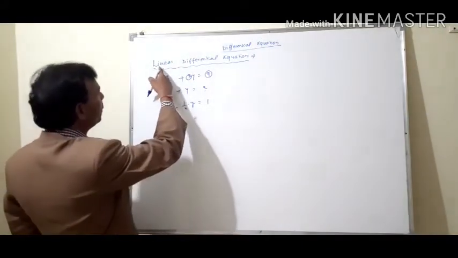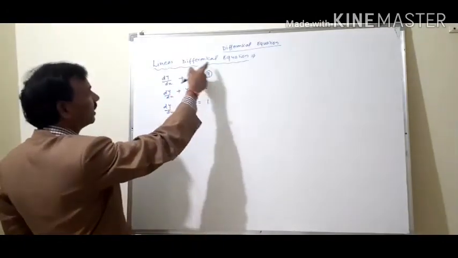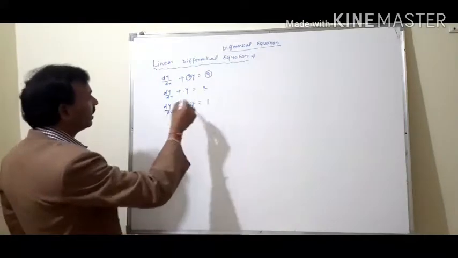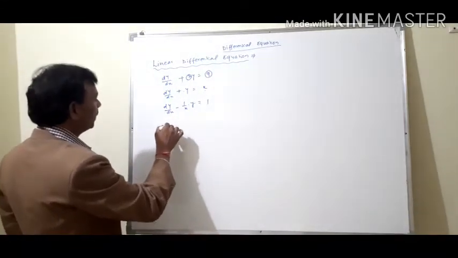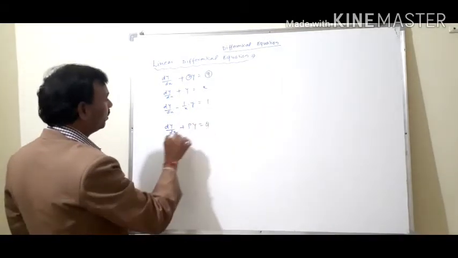What is the standard form of a linear differential equation, or linear first order differential equation? The standard form is dy upon dx plus py equal to q, where p and q may be constants or functions of x.